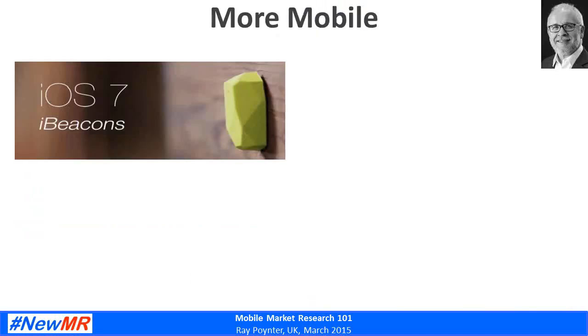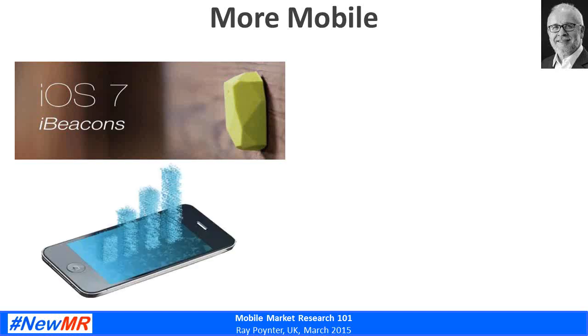A couple of quick things about where mobile is going. iBeacons and methods of locating people beyond just that. So we're talking about more and more things from the telcos, more and more types of devices. Embedding, Flurry is one of those names that you really should know. Yahoo bought it recently. They embed code in the apps.